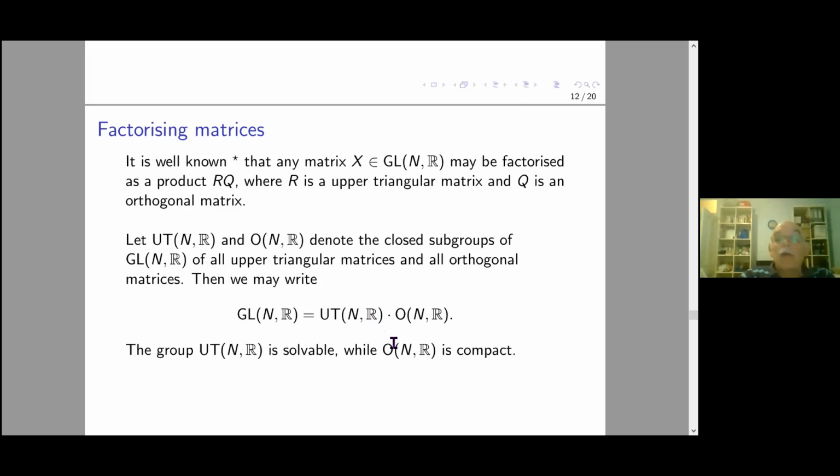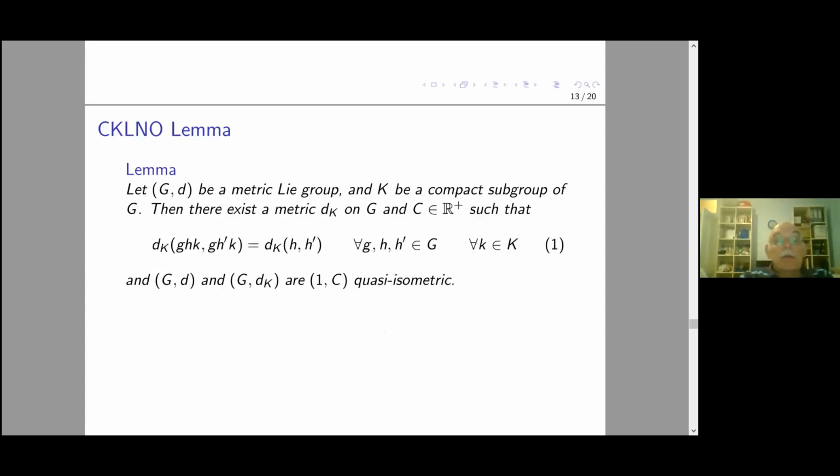One of these is a solvable group and the other one is a compact group. That's just the way it is. If you take orthogonal matrices, then the entries are always bounded, and that tends to make things compact, and the other one is solvable. So that's just a way of looking at something that we do in linear algebra.